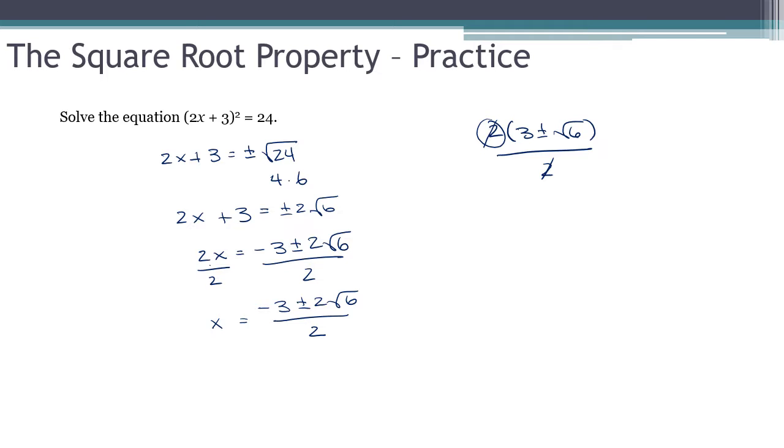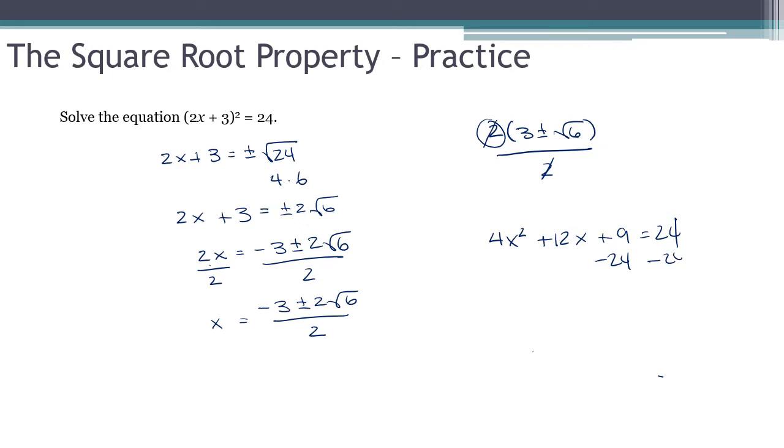All right, so this is our square root property, and it really is an important tool. I want you to think about what we can do now. We can solve equations that we would never have been able to solve before. If you take this one we were looking at here, if you multiply out that left-hand side, it becomes 4x squared plus 12x plus 9 equals 24. Set that equal to 0.